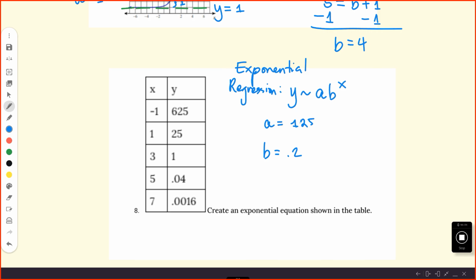Yeah, that's the same thing. All right. What is 0.2 in fraction? 1 over 5. That's fine, all right? You can write it as 1/5. Okay, so I can write this as y equals 125 times 0.2 to the power of x, or y equals 125 times 1/5 to the power of x.